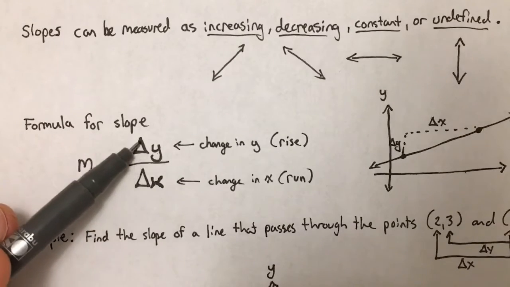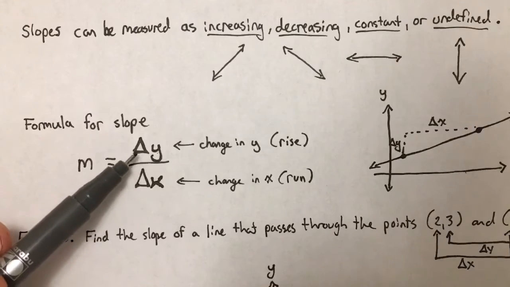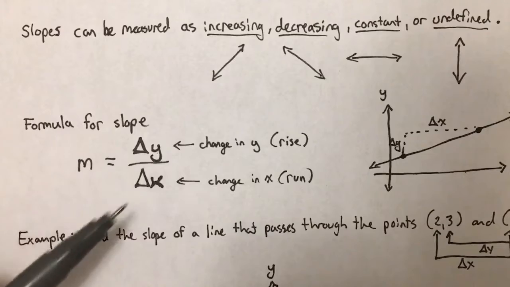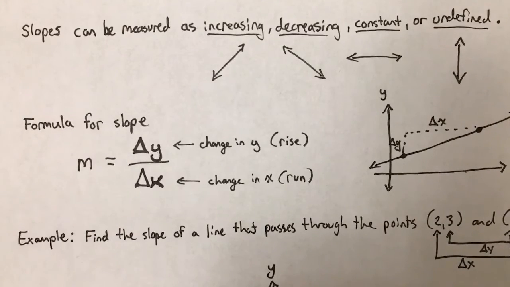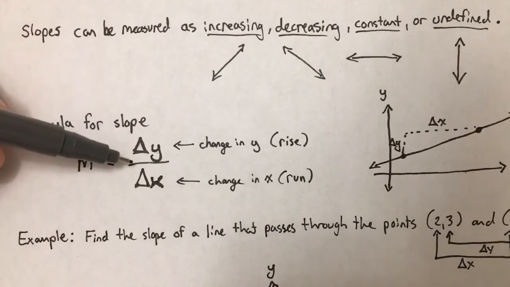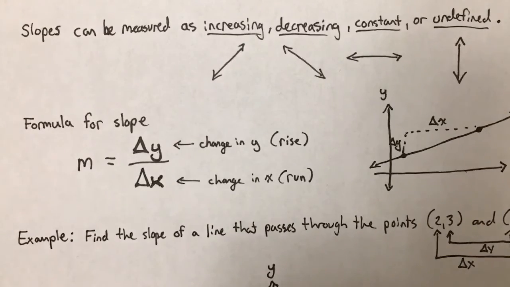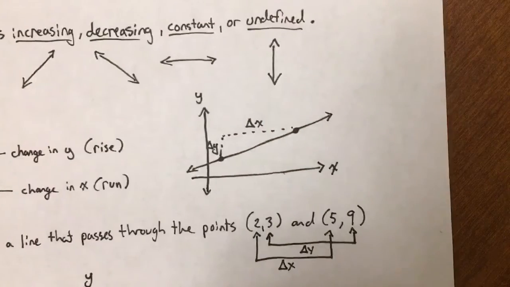Now you're probably wondering, what in the world does this symbol mean right here? This is actually the Greek letter delta, and delta is a common variable that's used to represent change. So you may hear the terms delta y over delta x, referring to these two variables right here. So what does that look like on a coordinate plane?